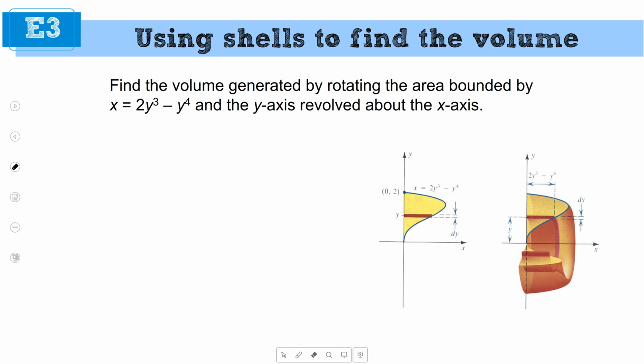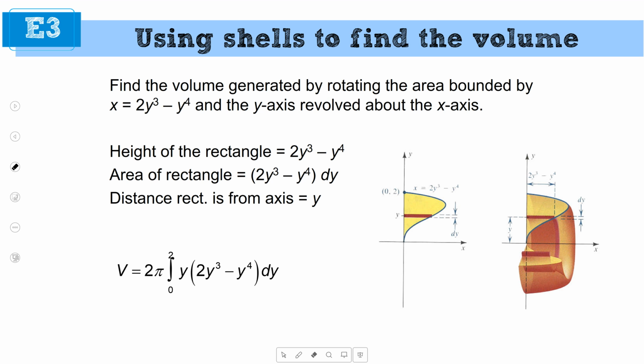That's the area of the rectangle. The distance away from the axis of revolution would be y.